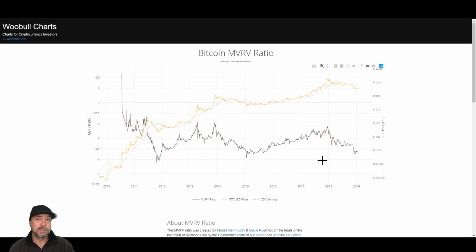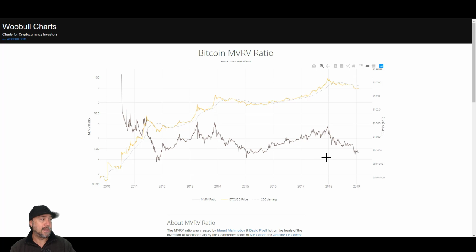So it's a much more intelligent way of calculating the network value. They take that measurement, they divide it by the market cap, and they get the MVRV ratio. So they're measuring the last time a Bitcoin moved, what was the price of Bitcoin at the point where that Bitcoin moved. Much more granular analysis.